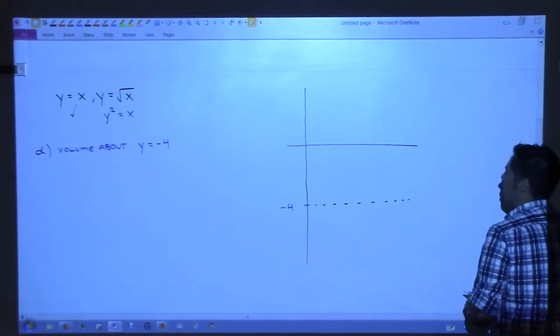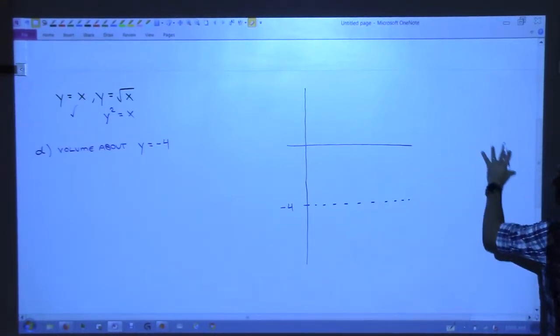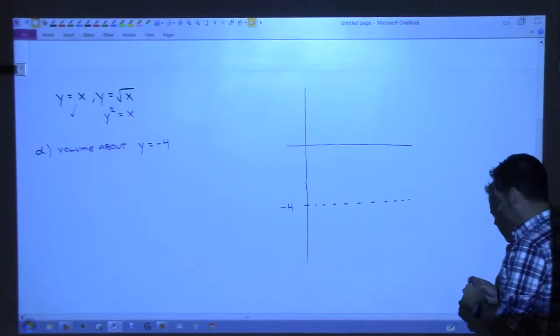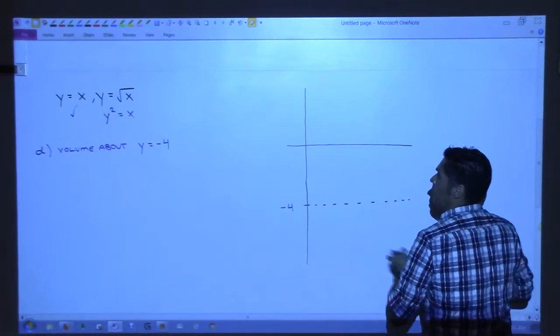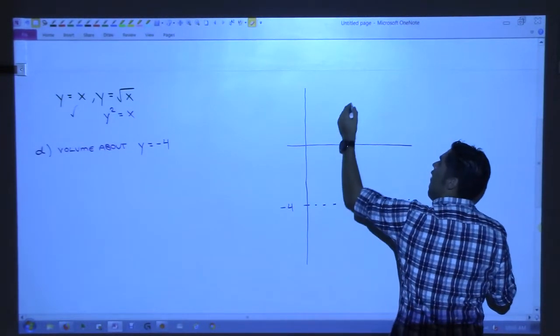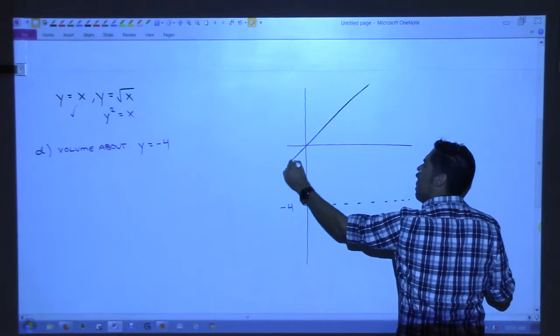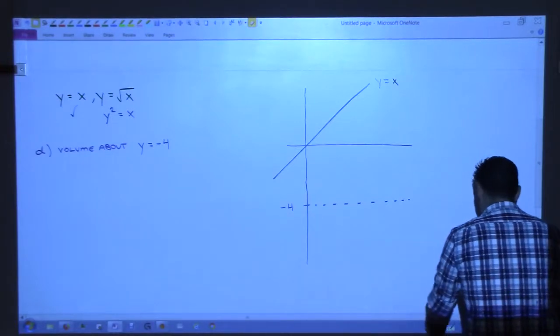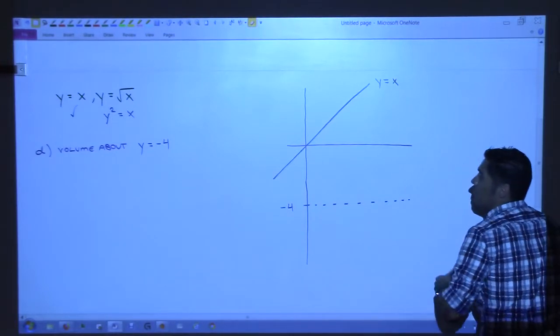This is my axis of rotation. I'm also leaving some space over here because I'm going to move some stuff to the side. And all right, so my regions now. Let's see, we have y equals x. And then the other one was square root of x.